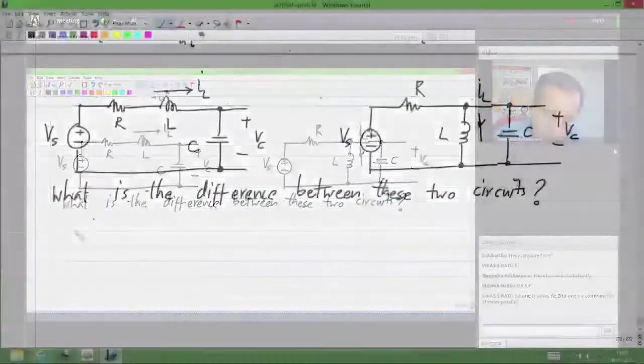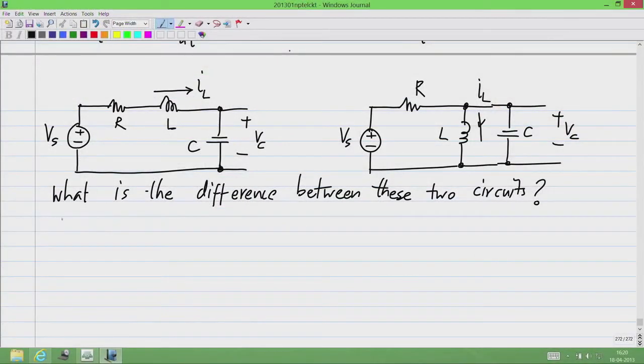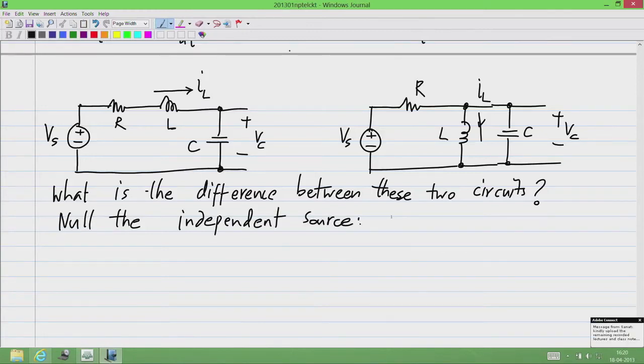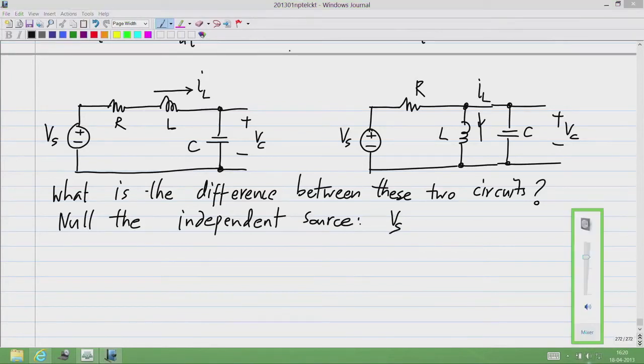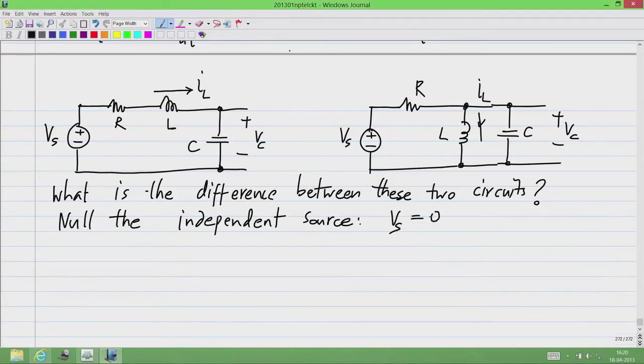With a nulled circuit, that is, you null the independent source, that means that in this case we have only an independent voltage source. So, we set Vs equal to 0.